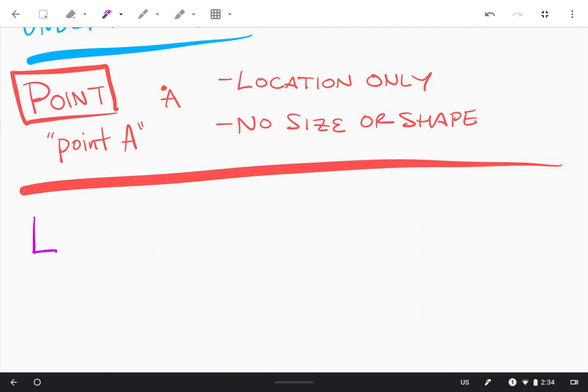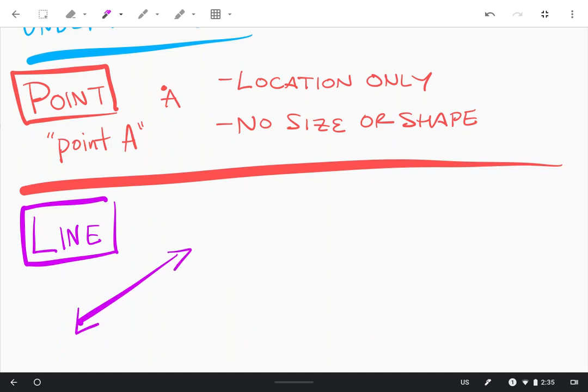Our next undefined term is a line. So a line is usually going to be represented by a straight line with arrows on either end. And typically, it's going to be labeled with 2 points. So we'll call this X, Y. And if I was looking at this line, I would refer to it as line XY.